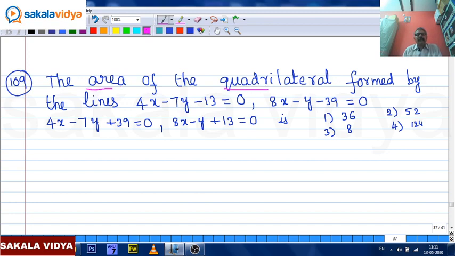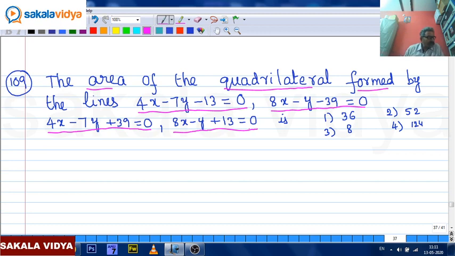Area of the quadrilateral formed by the lines 4x minus 7y minus 13 equals 0, 8x minus y minus 39 equals 0, 4x minus 7y plus 39 equals 0, 8x minus y plus 13 equals 0.